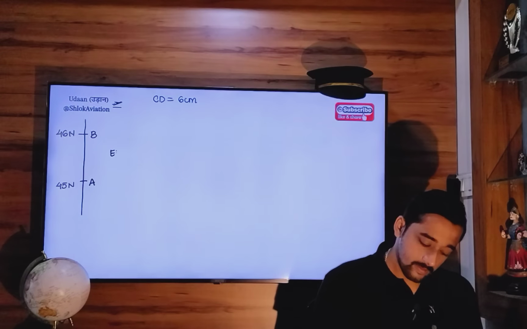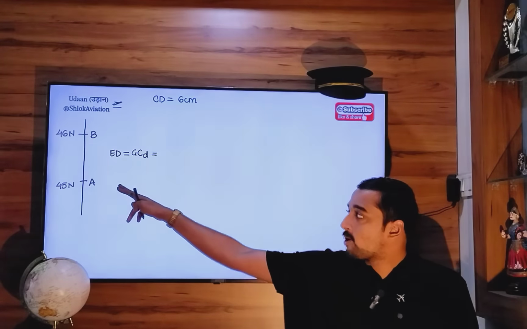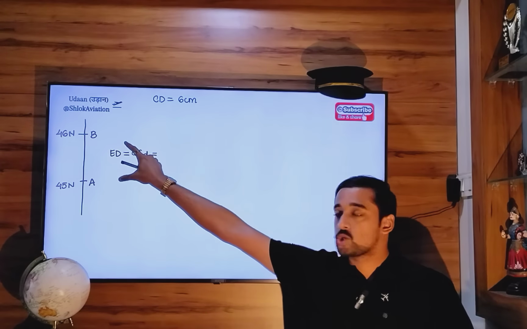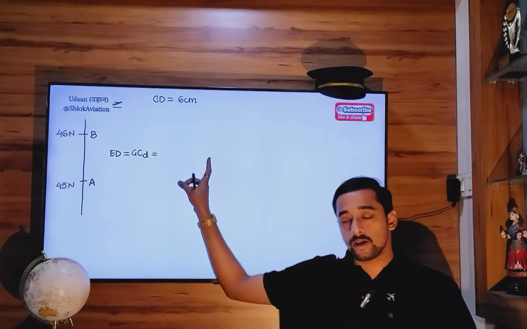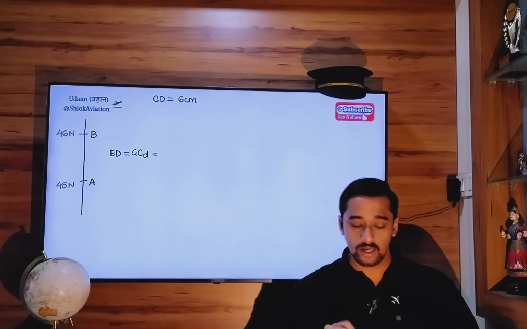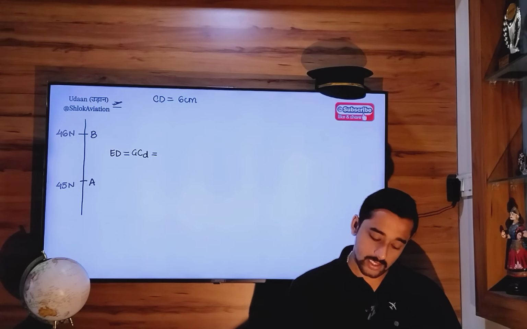In this case, earth distance will be nothing but great circle distance. When 2 points are located on the same meridian, there is a great circle track joining them. If two points are located on two different meridians, same latitude, then that will be a rhumb track. But in this case, it will be a great circle distance.